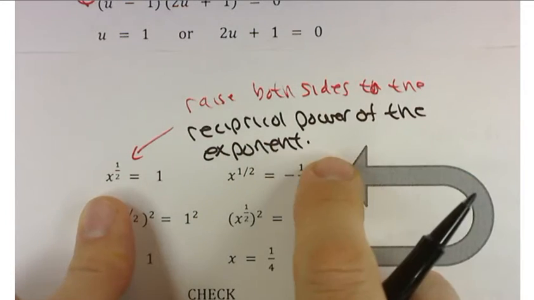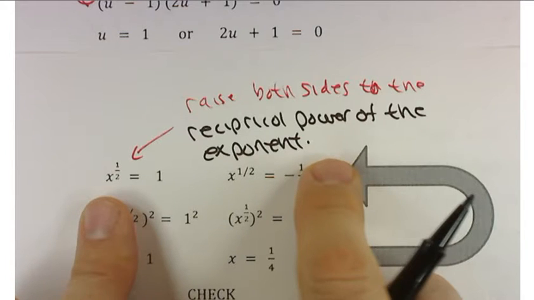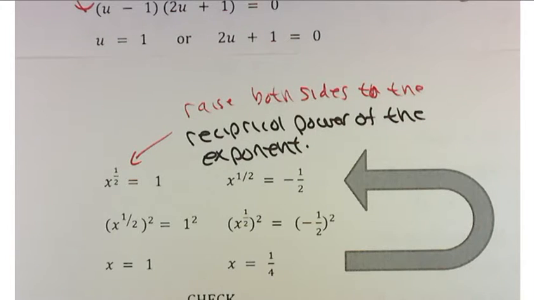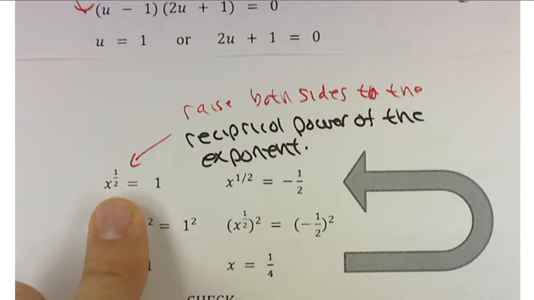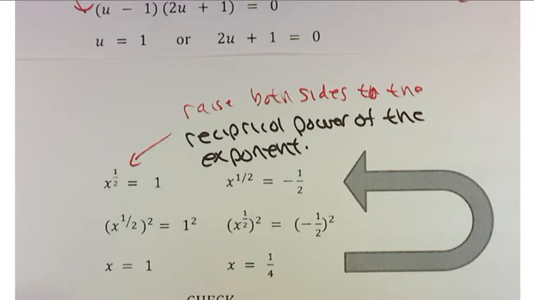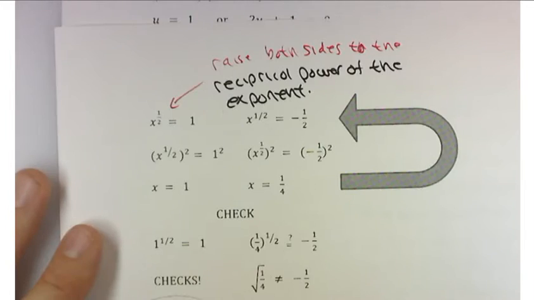Now, leave a little room here for yourself, because I'm going to have to add a little bit to this later on. But right now, I'm going to raise both sides to the reciprocal power. So the question is, what's the reciprocal of 1/2? 2. All right, so raise both sides to the 2 power.